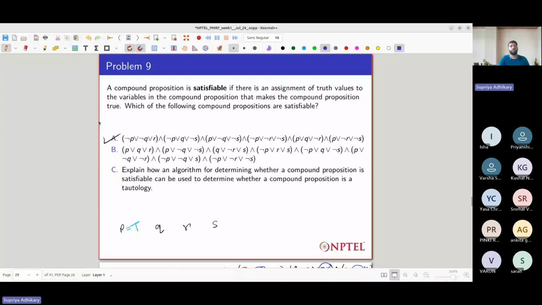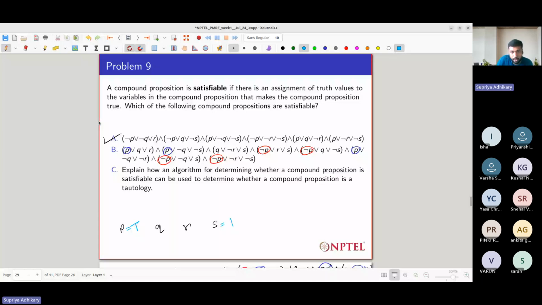Now, over here we have negation P and negation P, negation P and negation P, 4 negation P's. So either R or S has to be given the value true. So let's say we take S, we give the truth assignment T to S.